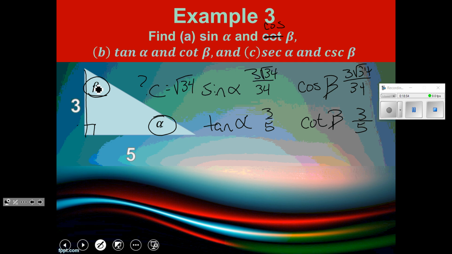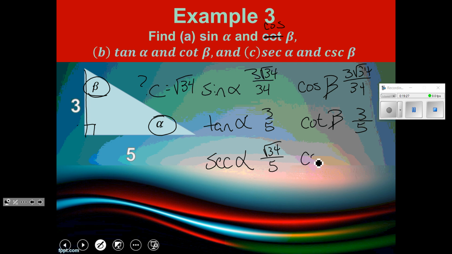Okay? So what do you think about the secant and the cosecant? They're going to end up being equal as well. So secant of alpha, secant is the reciprocal to what? Cosine, right? So maybe find the cosine of alpha. What's the cosine of alpha? It's going to be 5 over, so the reciprocal of that would be square root of 34 over 5.